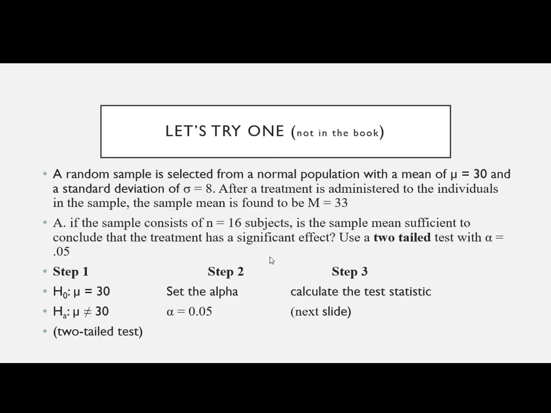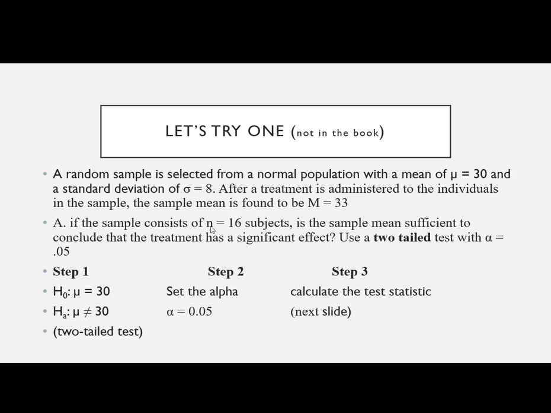So let's try one, and this isn't from the book, I'm just showing it to you. A random sample is selected from a normal population with a mean of 30 and a standard deviation of 8. So we're talking about a normal population, which is why these are in Greek letters. After a treatment is administered to the individuals in this sample, the sample mean, written here in Latin letters, is found to be M equals 33.